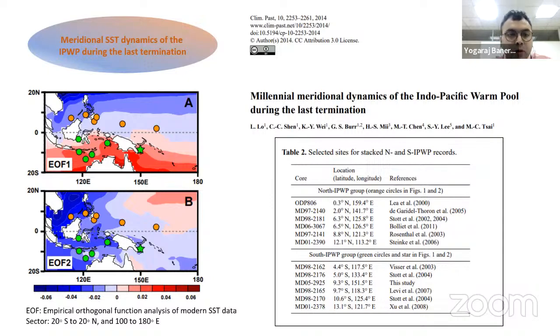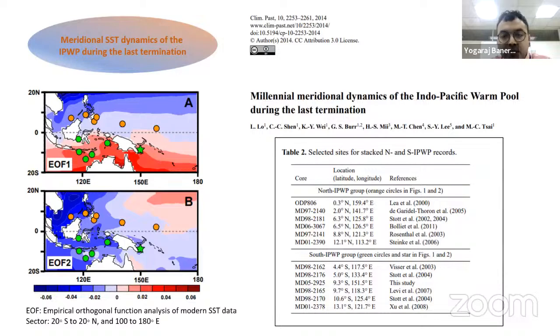So the orange dots represent the northern part of the Indo-Pacific Whirlpool region, and the green points are representing the southern part of the Indo-Pacific Whirlpool region. And the green star in both panels A and B represents the core location of 2925.